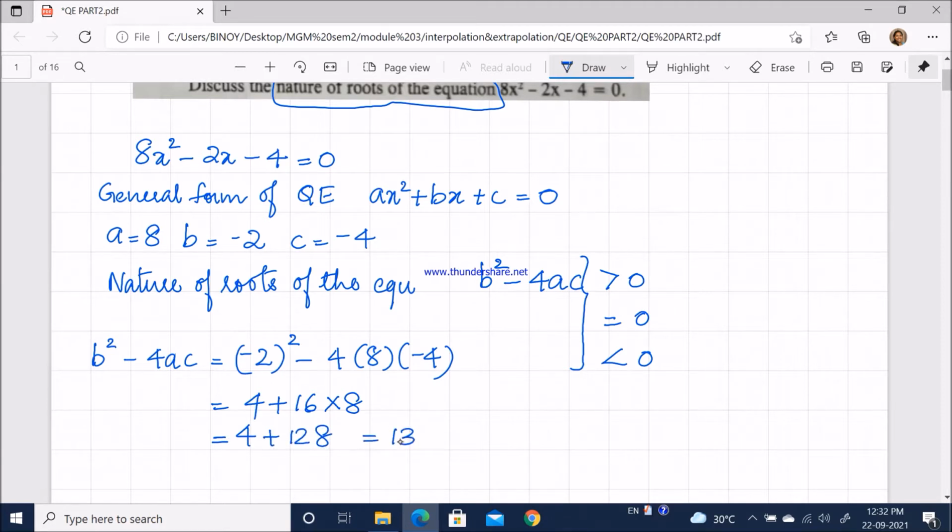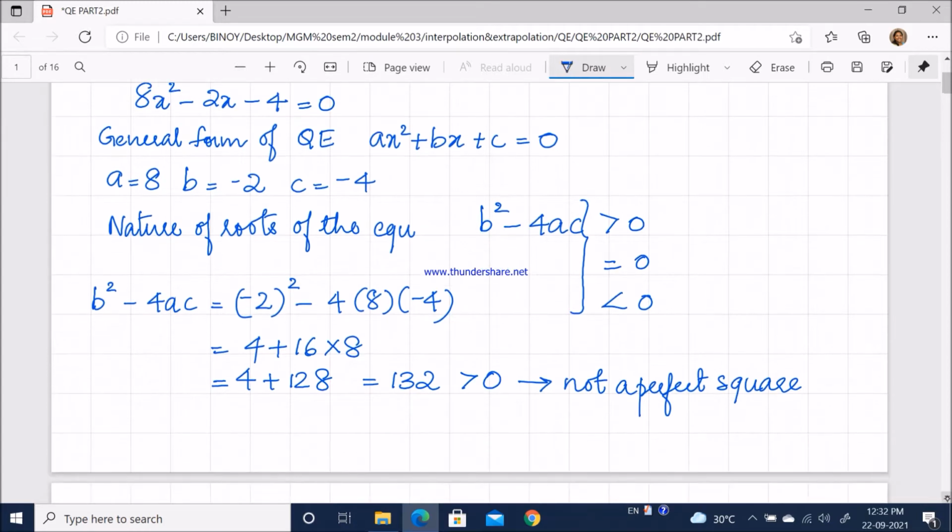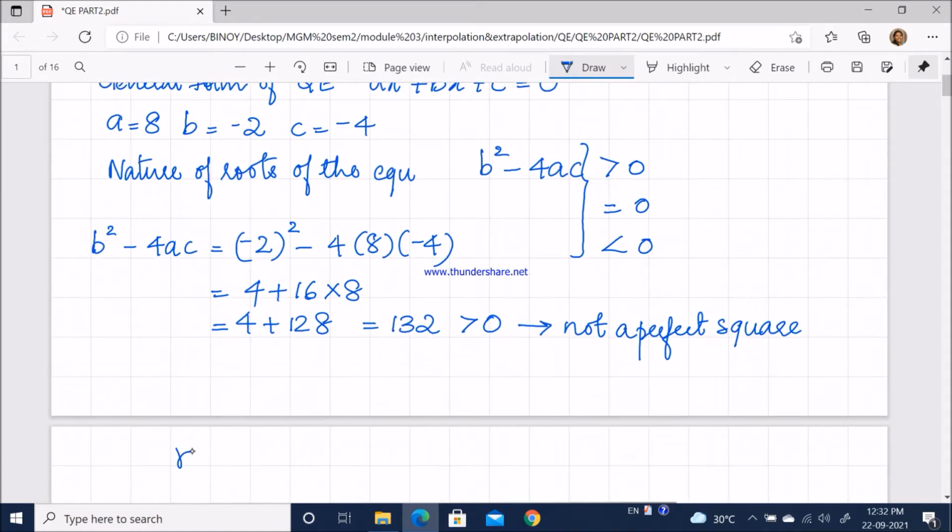That is 132, which is greater than 0 and it's not a perfect square. So since it's not a perfect square, the roots are irrational and unequal.